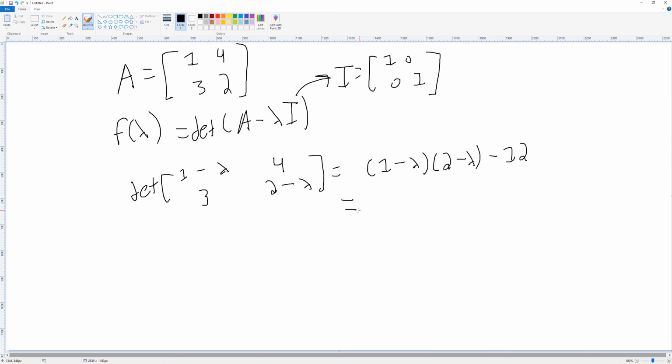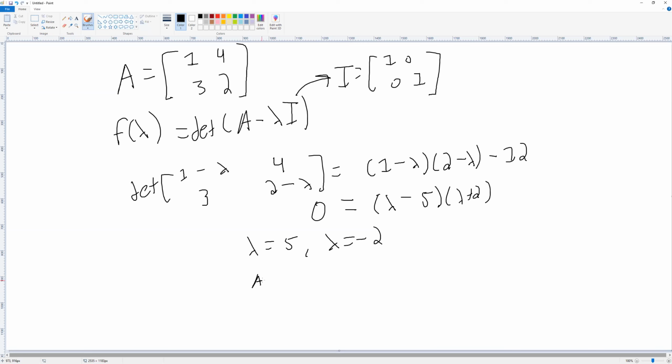If you do the algebraic simplification and then factor, which I show in the notes, this equals lambda minus 5 times lambda plus 2. So the values of lambda that solve this, if I want f of lambda to equal 0 for the eigenvalues, mean our eigenvalues are lambda equals 5 and lambda equals -2.